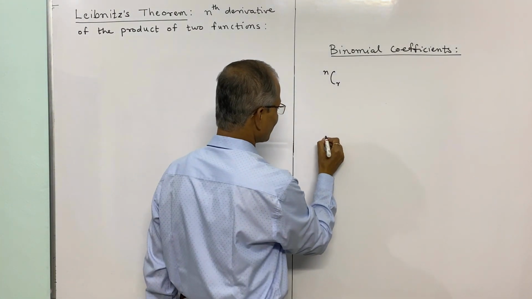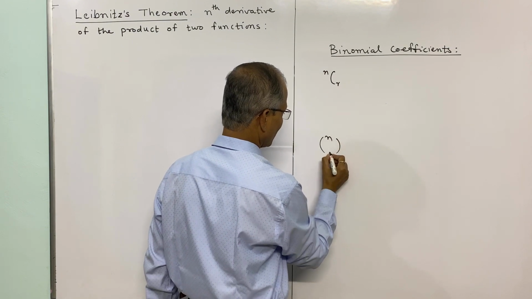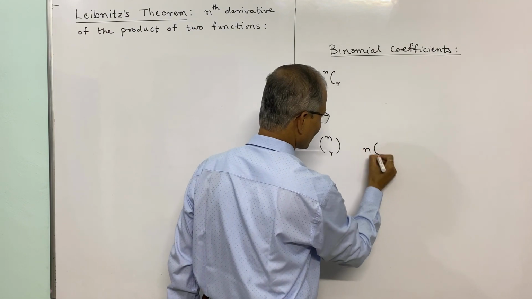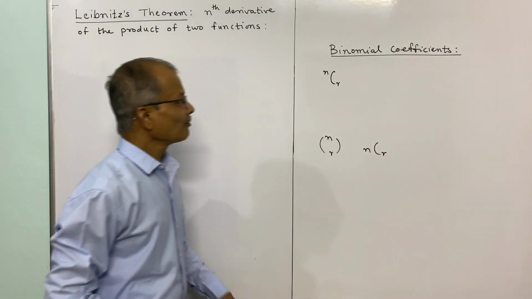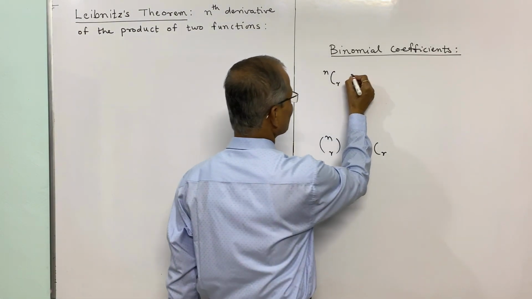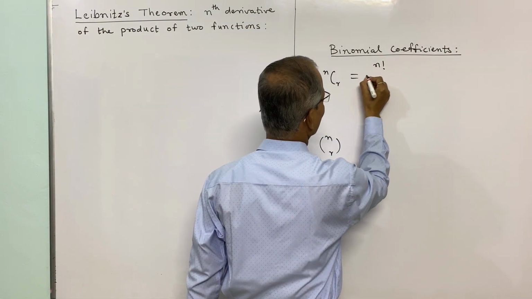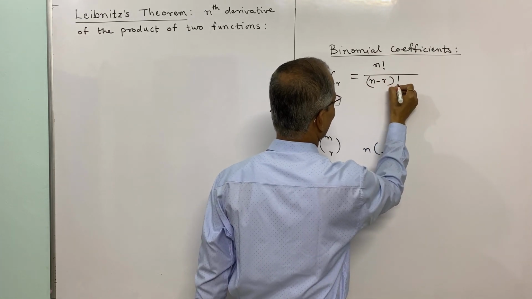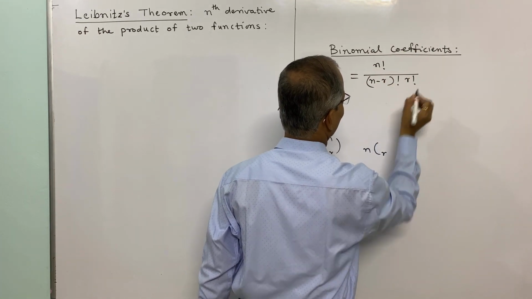This may also be written in other forms, but we will use this notation. The formula we know is n factorial divided by factorial of n minus r into r factorial.